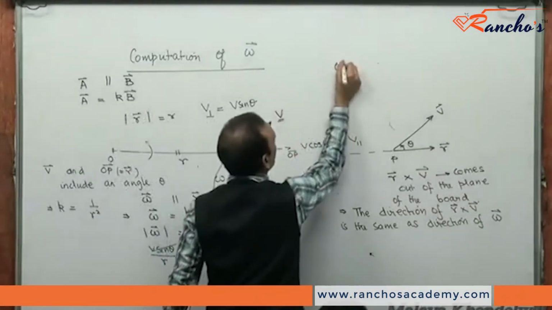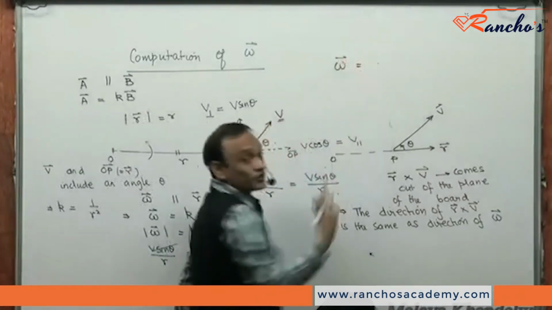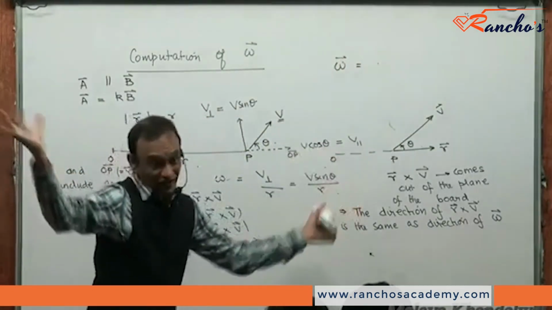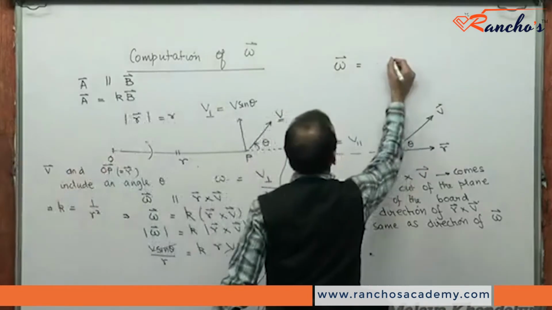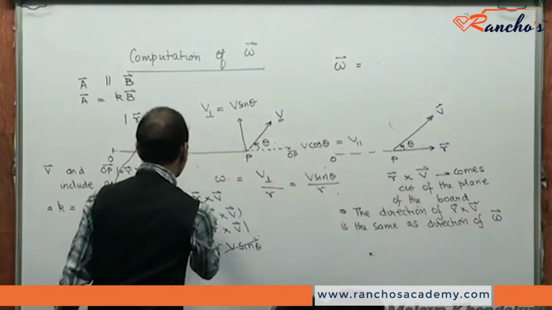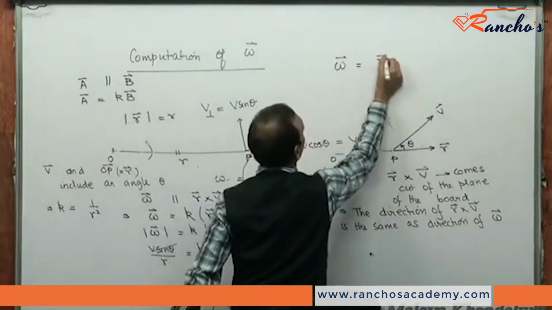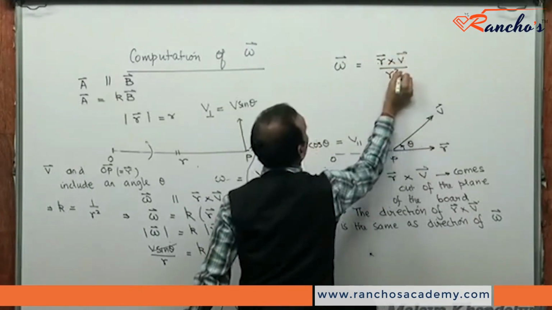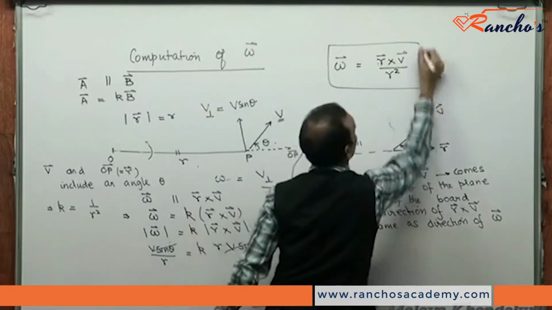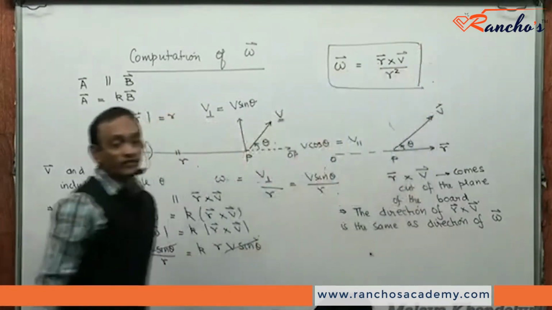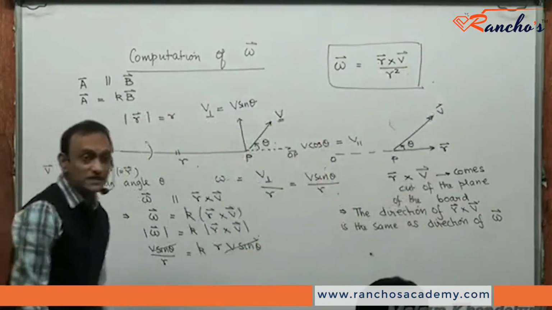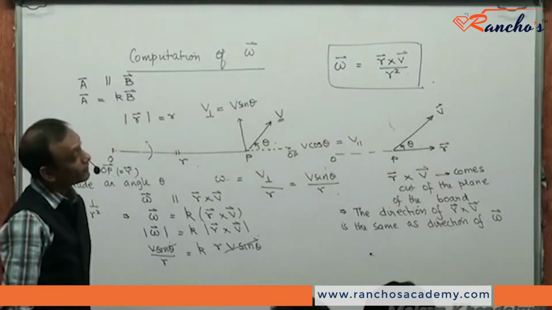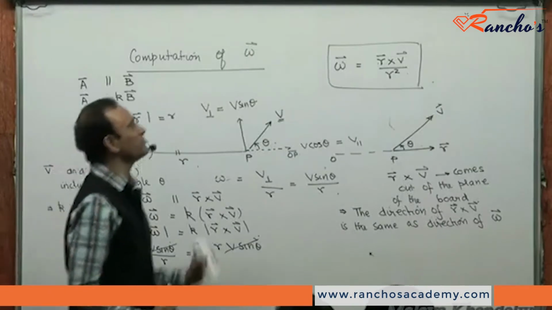So now I have a one-shot representation of the omega vector itself. Omega vector is r cross v by r squared. Yes or no? That's the angular velocity vector. Which means now we are very well placed.